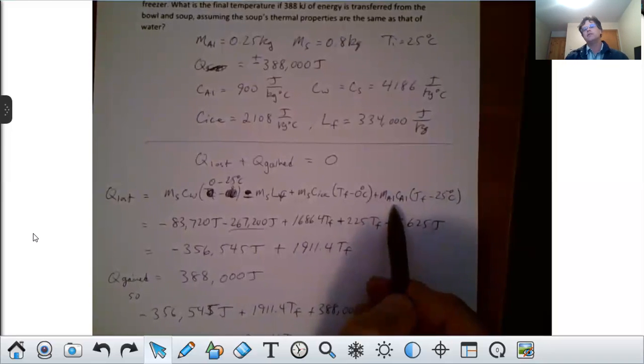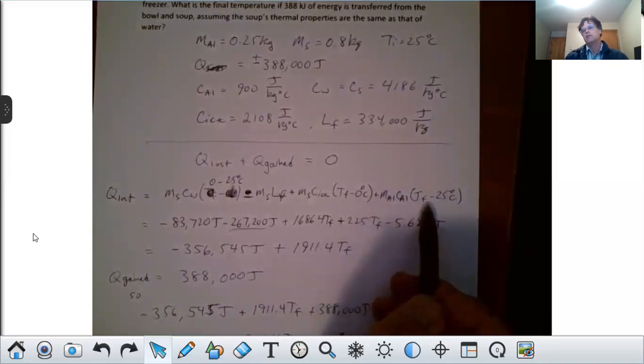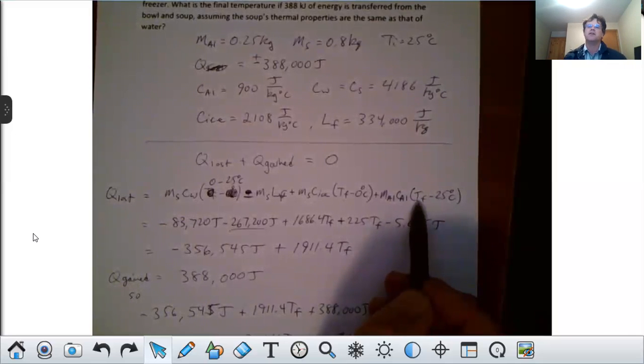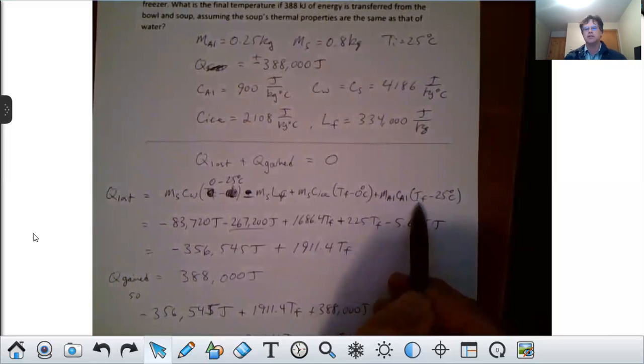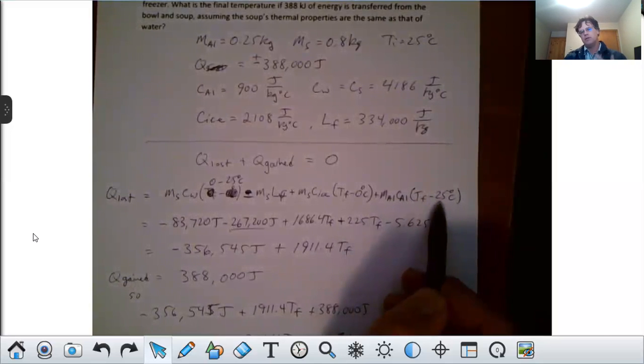Now I just have one MC delta T for aluminum because it doesn't change phase, it's not going to freeze or melt in that temperature range. So I just have mass of aluminum times its specific heat times its delta T. T final minus its initial temperature was 25.